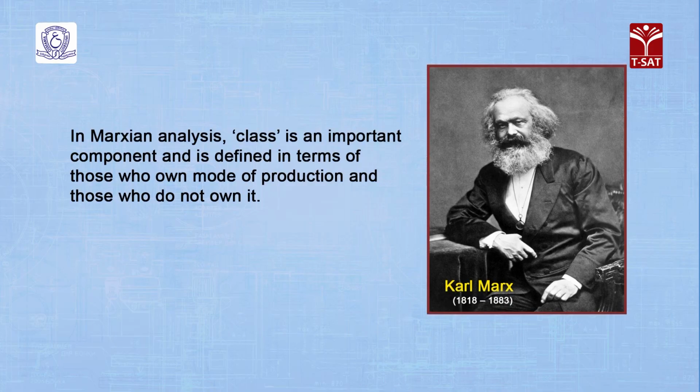Another characteristic of capitalism, according to Karl Marx, is its exploitation of the surplus value of labor. In Marxian analysis, class is an important component and is defined in terms of those who own the mode of production and those who do not own it.